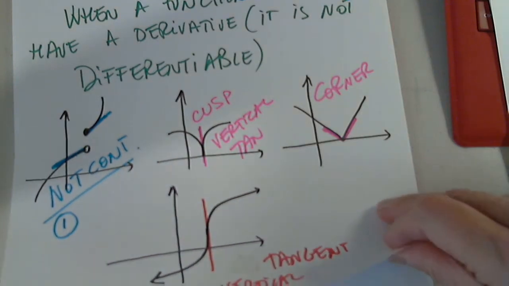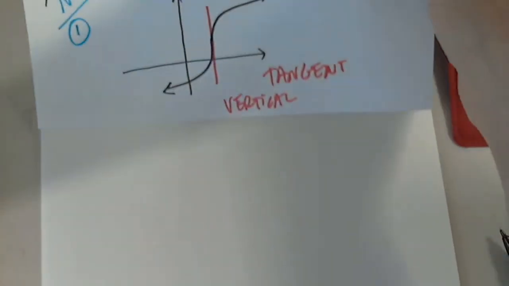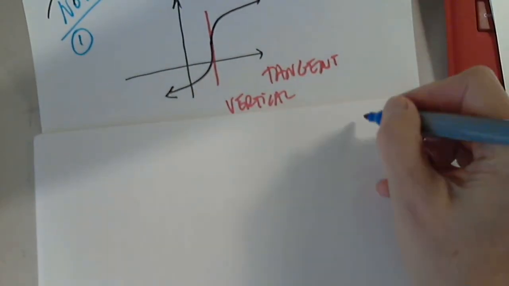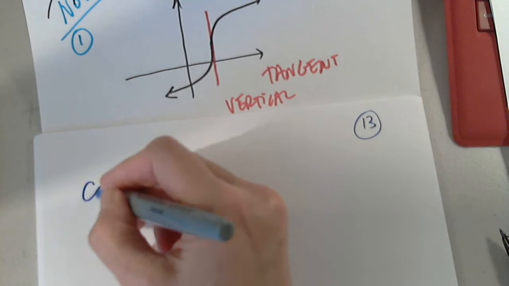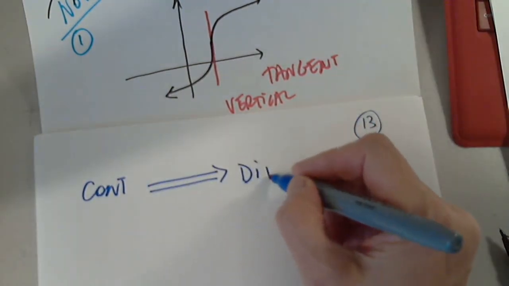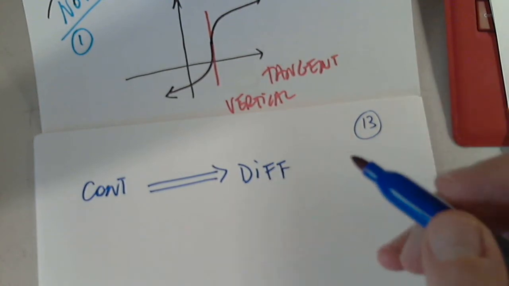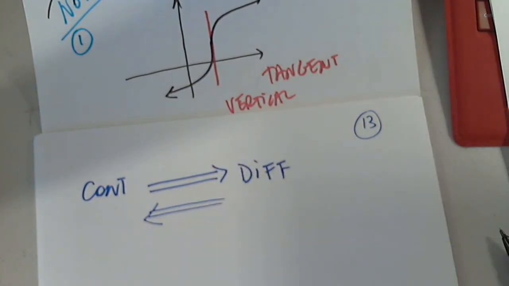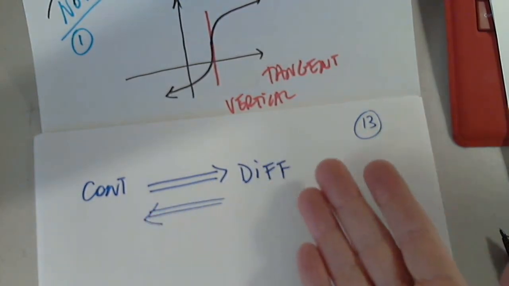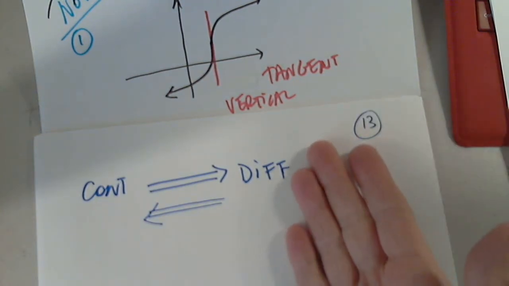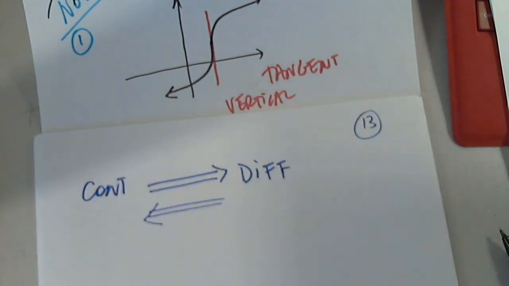One very important aspect here is continuity implies differentiability, or the other way around, or both. So if a function is continuous everywhere, is it differentiable everywhere? If a function is differentiable everywhere, is it continuous everywhere?